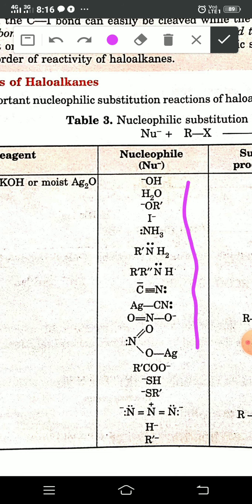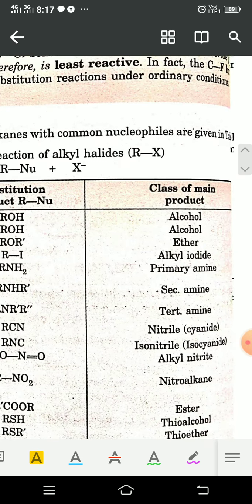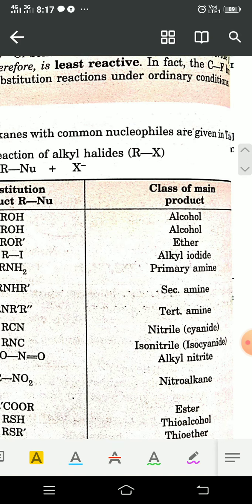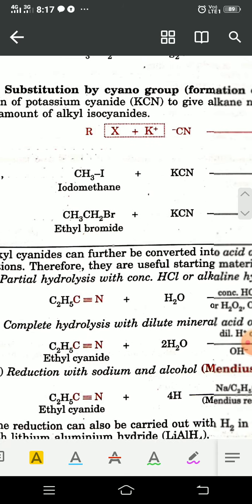These nucleophiles can replace the halogen from RX, and the nucleophile gets attached, and this forms the required product. See here, these are the examples of products. But in this case, I am going to teach you a very important thing.